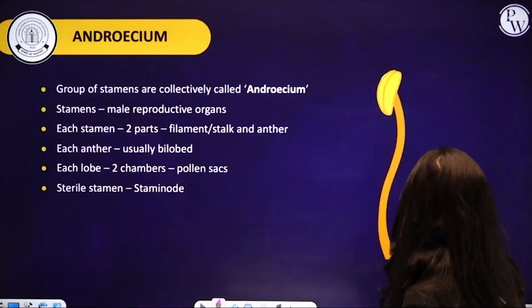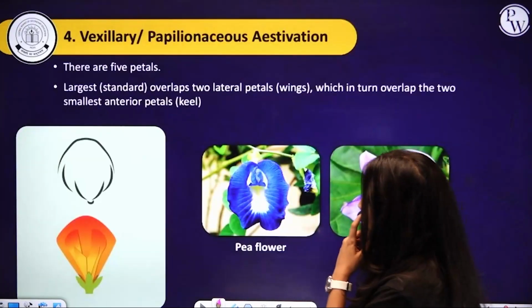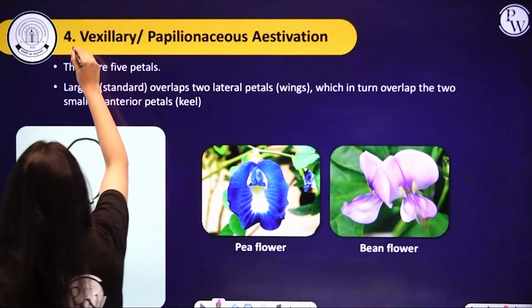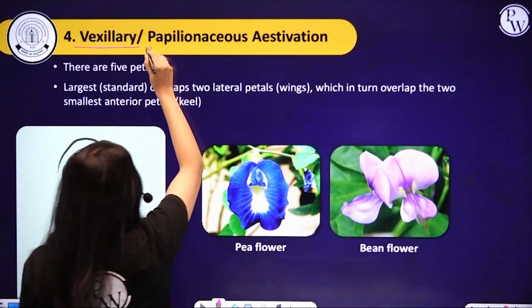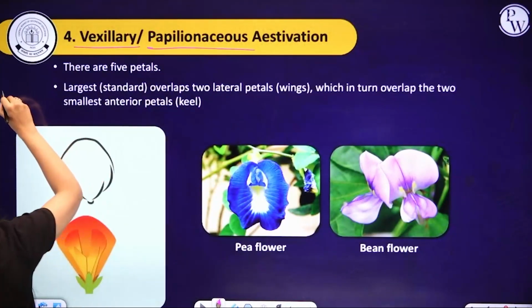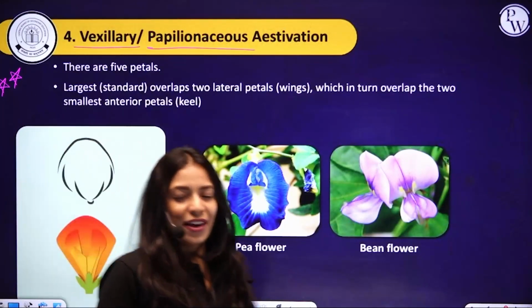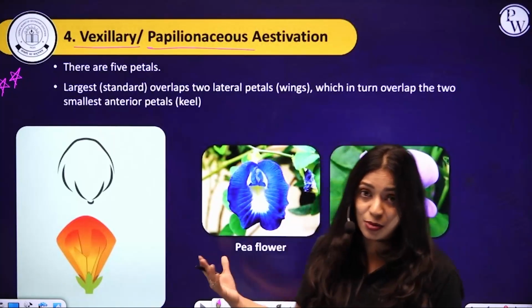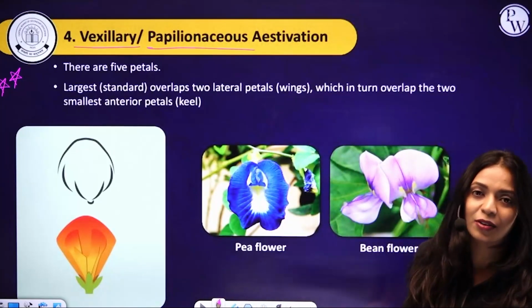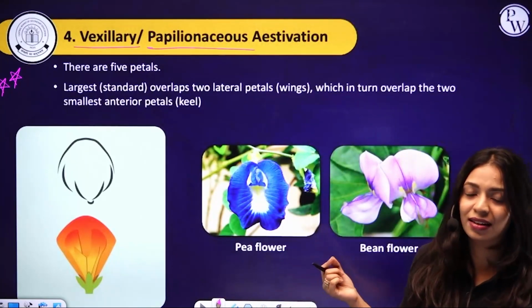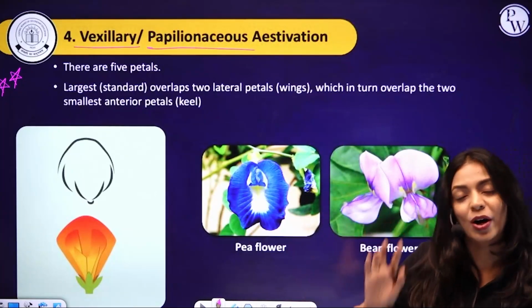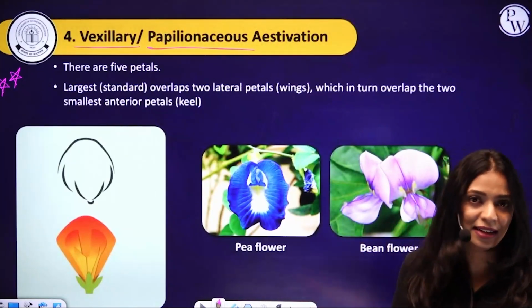Now let's move on to the next type, which is vexillary estivation, or it is also called papilionaceous estivation. This is very, very important because very frequently in exams questions are asked based on this. Also, this is how the estivation of petals is in Fabaceae family, about which you'll be learning in detail in the next lecture.